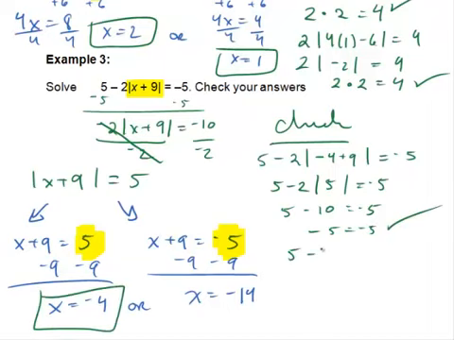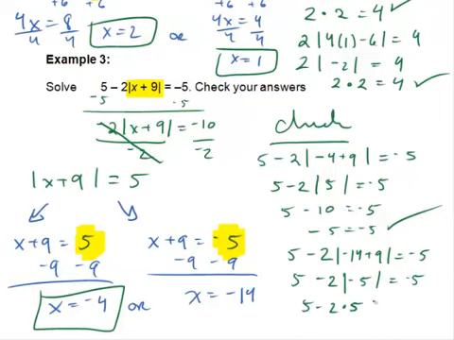Next one, 5 minus 2 times the absolute value of negative 14 plus 9 equals negative 5. Negative 14 plus 9 is negative 5. But again, the absolute value is going to make this a positive 5. So it's still 5 minus 10 equals negative 5, which, yes, will also work.